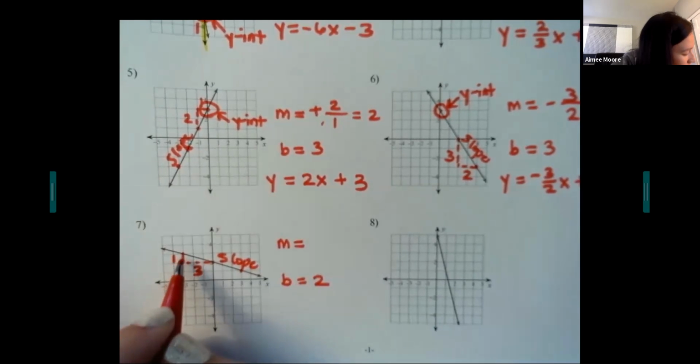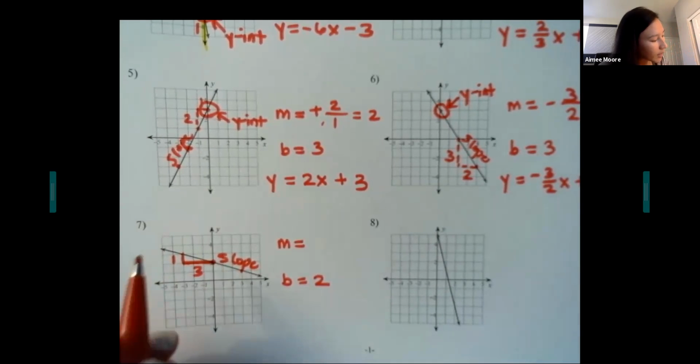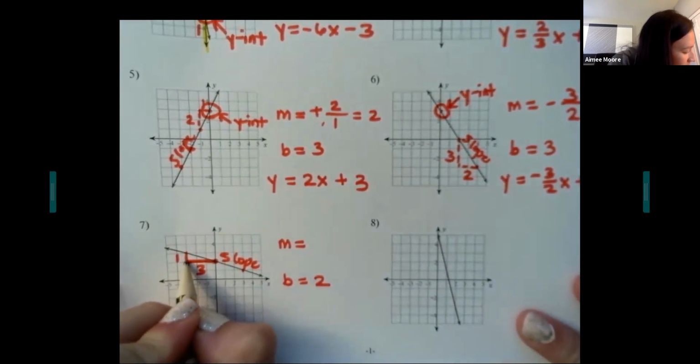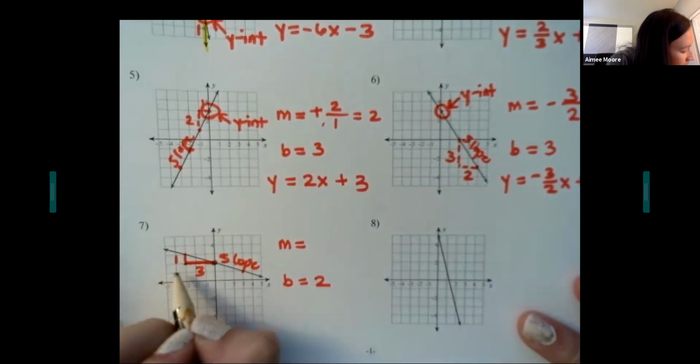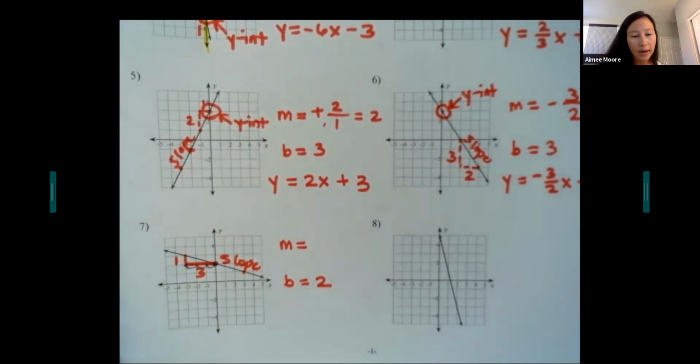But wherever your triangle is, you've got to go all the way to the end where that point is. So you can do those little swirlies. I know some people like to do the swirlies to see. It starts here and it ends here. So that would be 1, 2, 3.